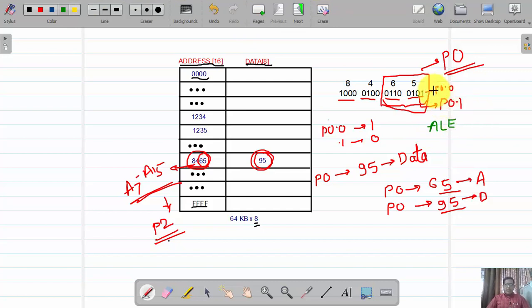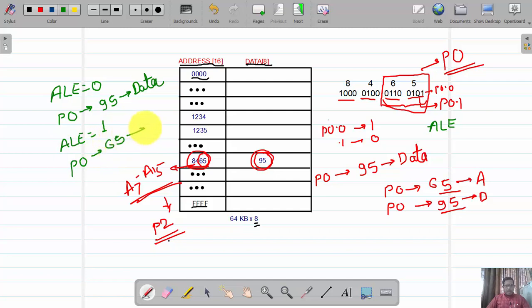The moment the status of pin ALE is equal to 0, the content present on port P0, suppose right now P0 carries the value 95, is treated as data. And when the ALE pin is equal to 1, P0 carries the value 65, and now this is treated as an address. In this way the ALE pin is mainly used to demultiplex port P0, to differentiate whether the content present on port P0 is address or data.